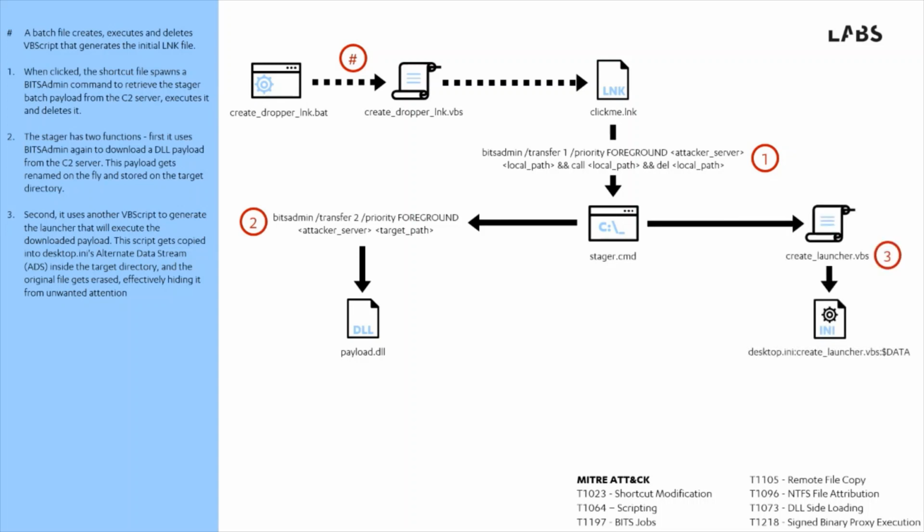The second thing it's going to do is, the stager itself has another embedded VB script, a script that will create the launcher for our final payload. Before the launcher is created, that file is going to get created and stored in the data stream of the desktop.ini file in this public folder.